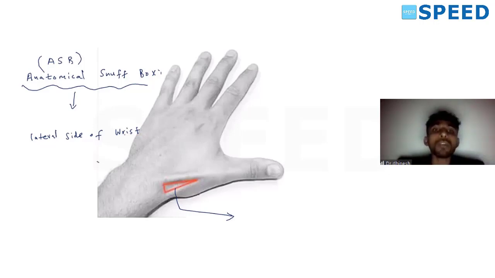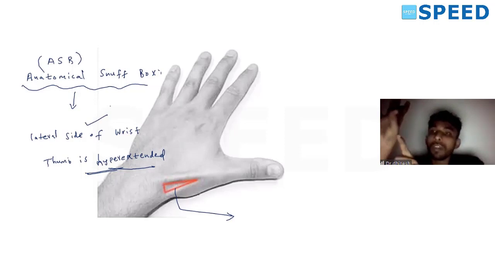When the thumb is extended or hyperextended, then only you will be able to see the triangular shaped depression called the anatomical snuff box at the lateral side of the wrist.